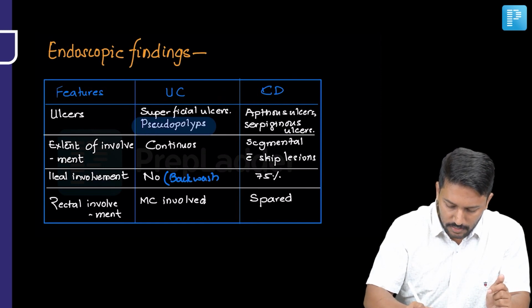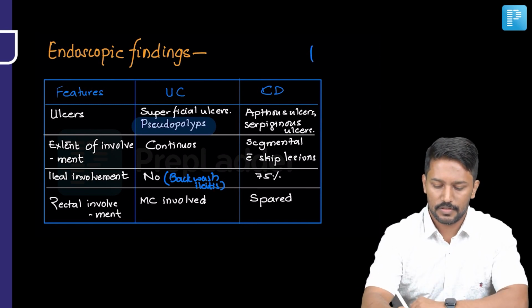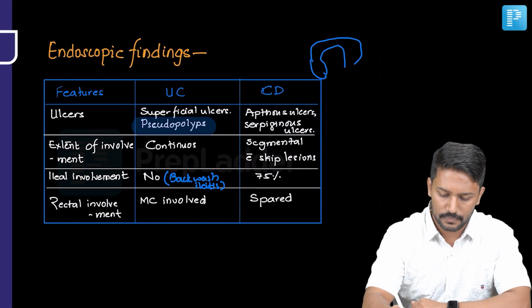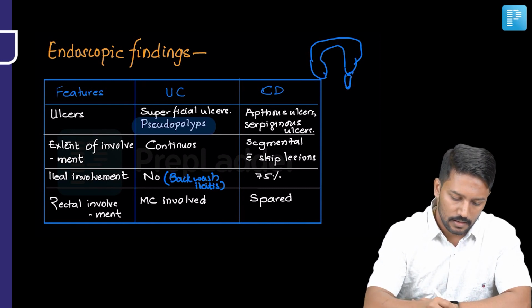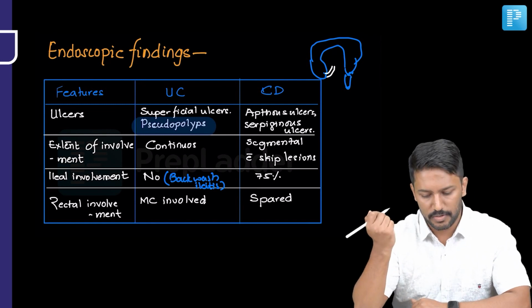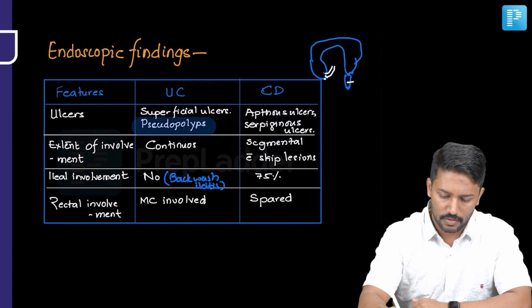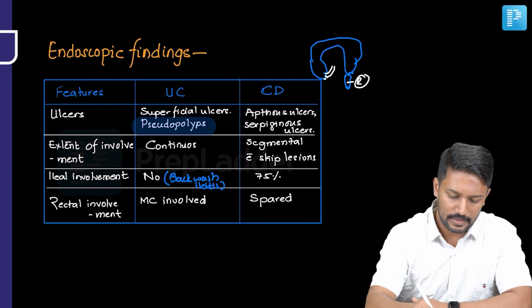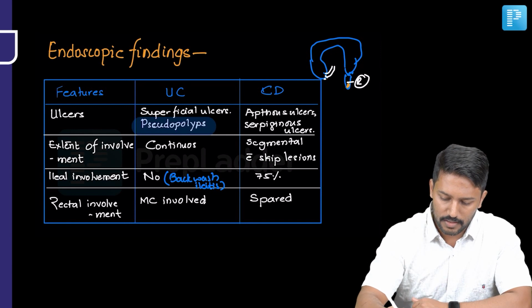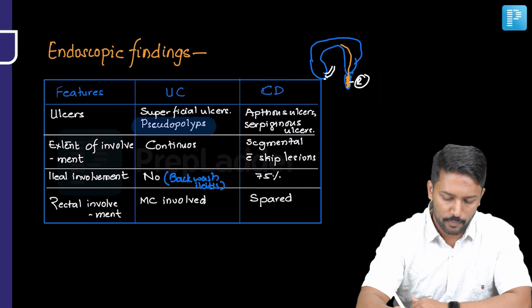backwash ileitis. Now, what is this? In around 15% of the patients of ulcerative colitis, like if this is your large bowel, right, and this is where the terminal ileum is entering and getting converted to the large bowel. This is your rectum. Now we all understand that the disease of ulcerative colitis begins in the rectum, right, and then it progresses proximally.